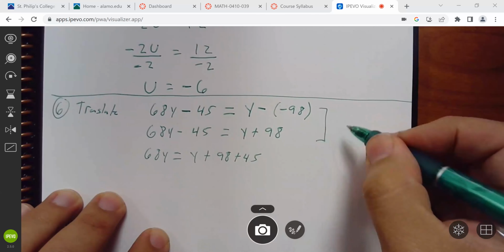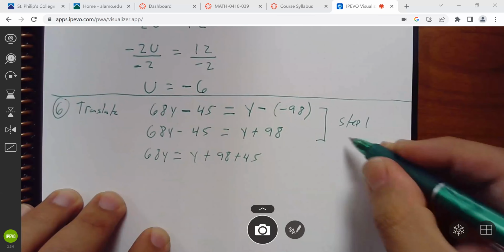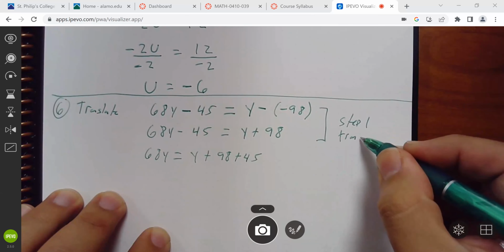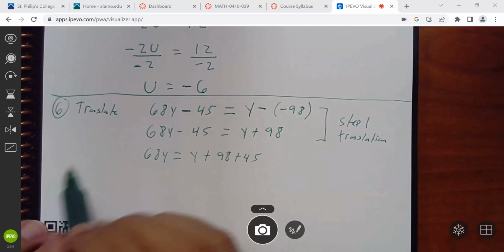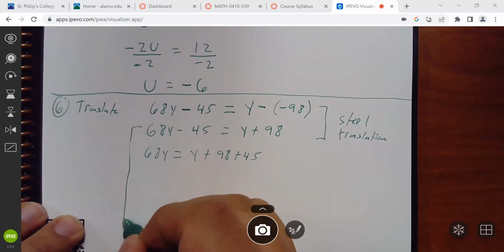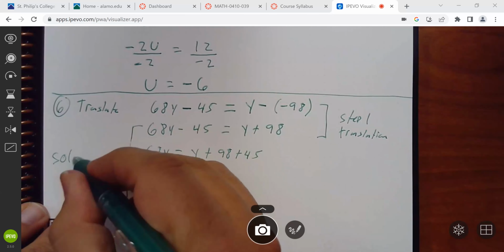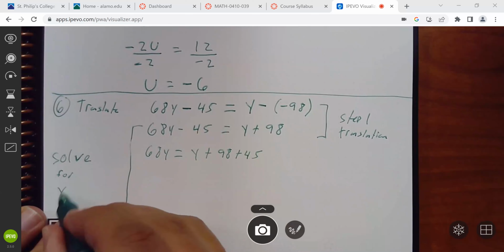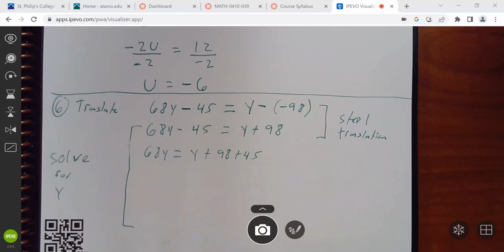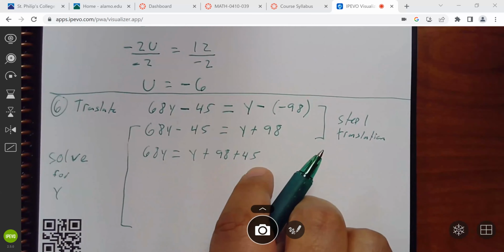This right here was step one. Translation. And a space. I should have. 98 plus 45.